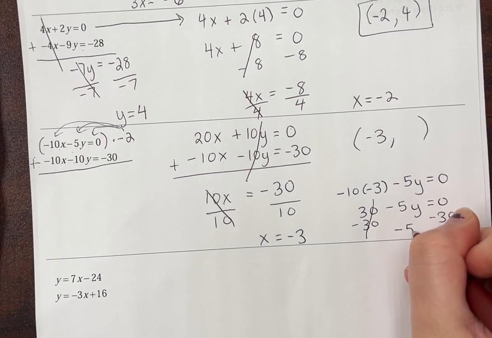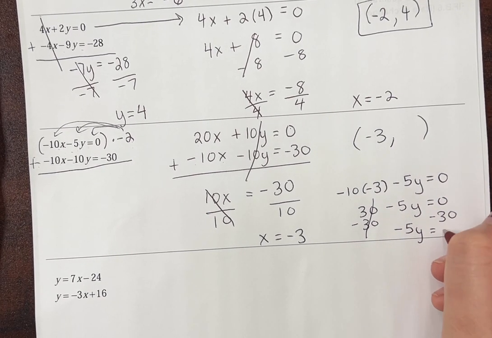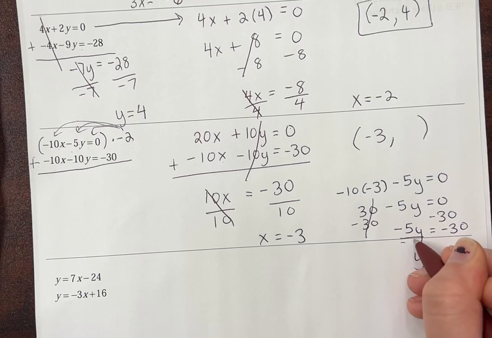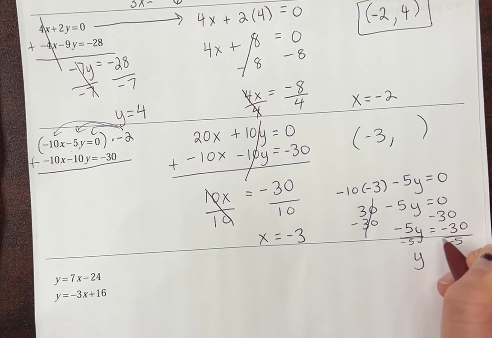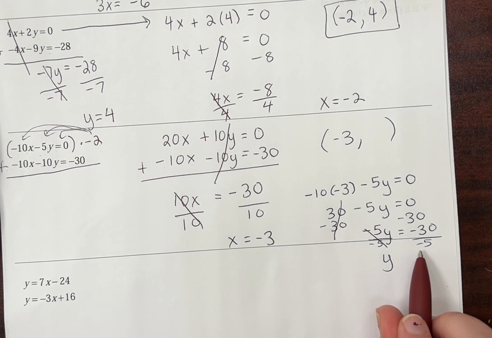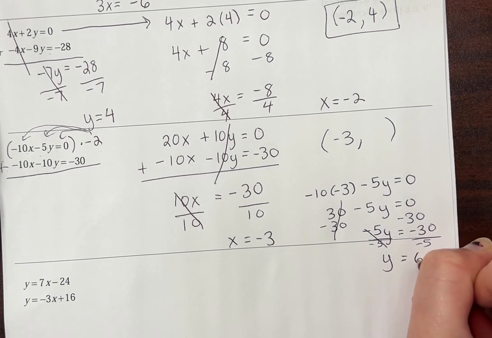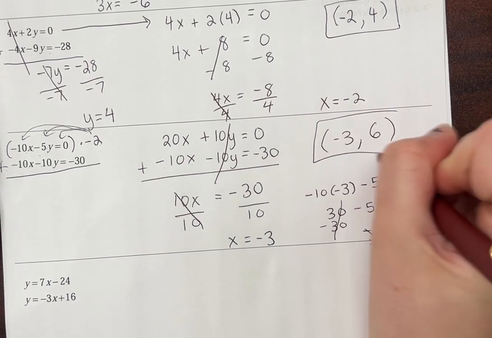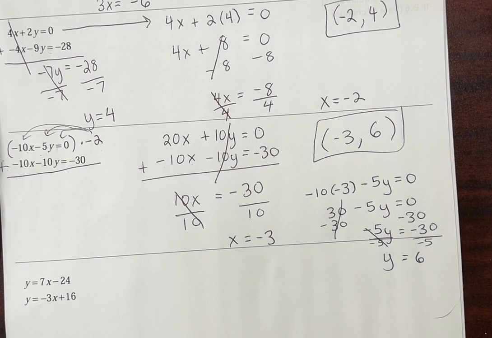So we're left with negative 5y equals 0 minus 30 is negative 30. We're getting really cramped here, so I'm going to finish it out right here because I can divide both sides by negative 5. So y equals negative 30 divided by negative 5 is a positive 6. So that is the rest of our answer. And that is your point. And you're done.